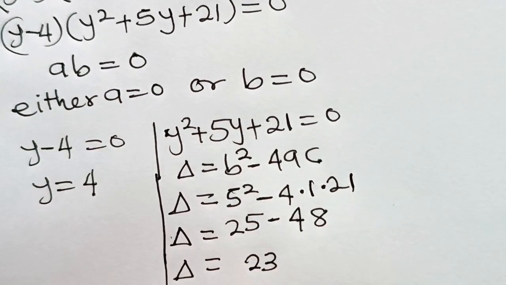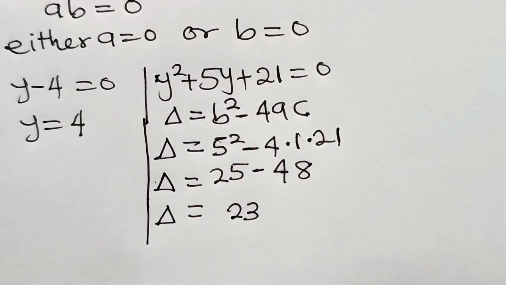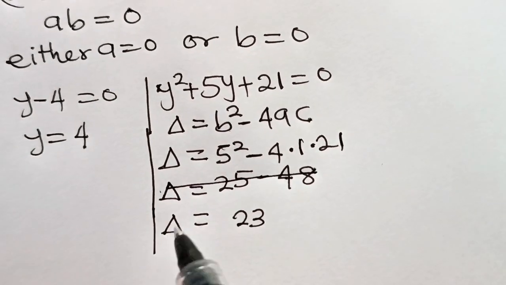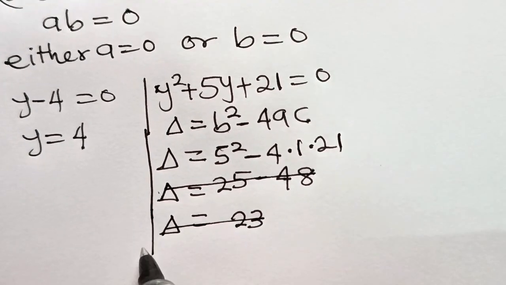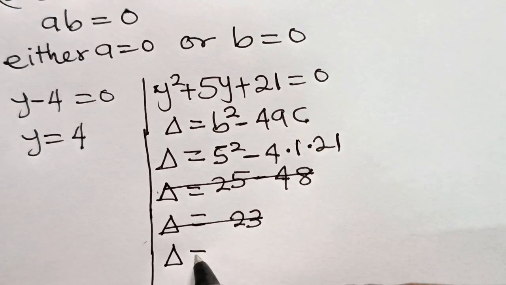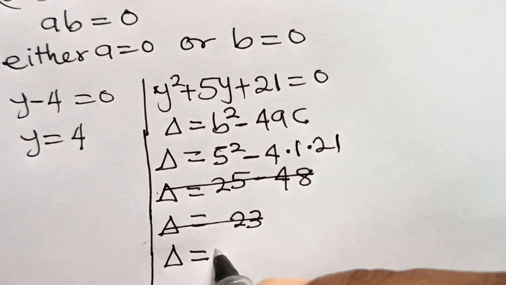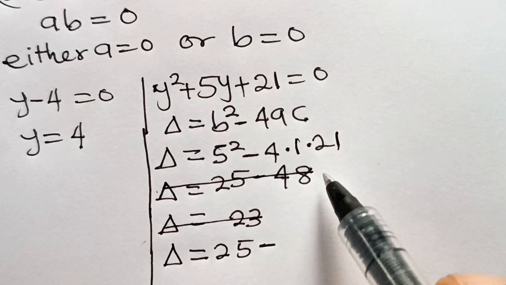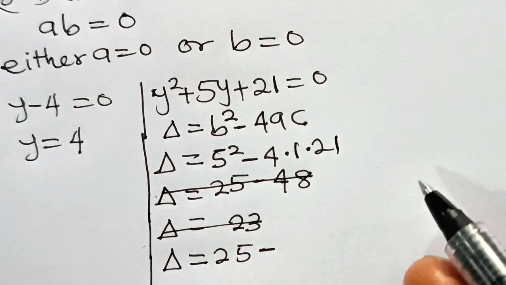Sorry, I just realized I made a mistake. From here, our discriminant is equal to 5 squared, which gives us 25, minus 4 times 21, which gives us 84.